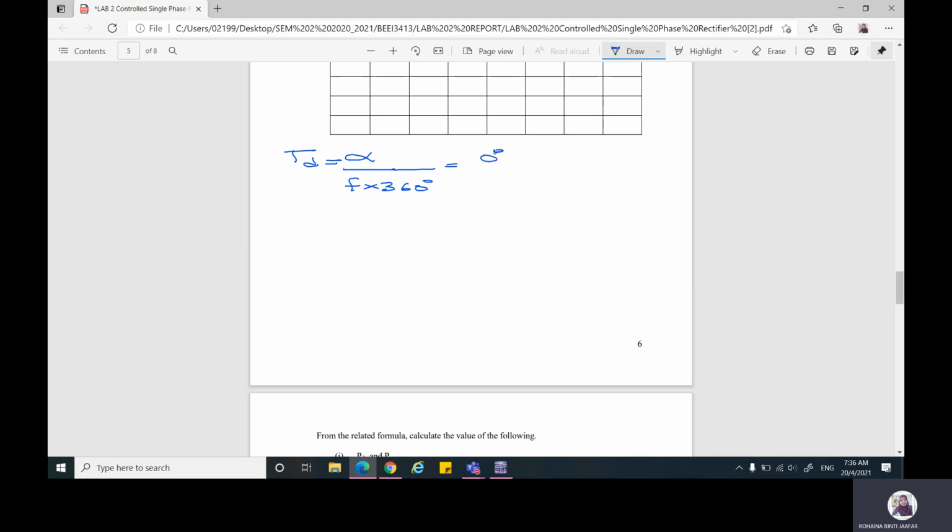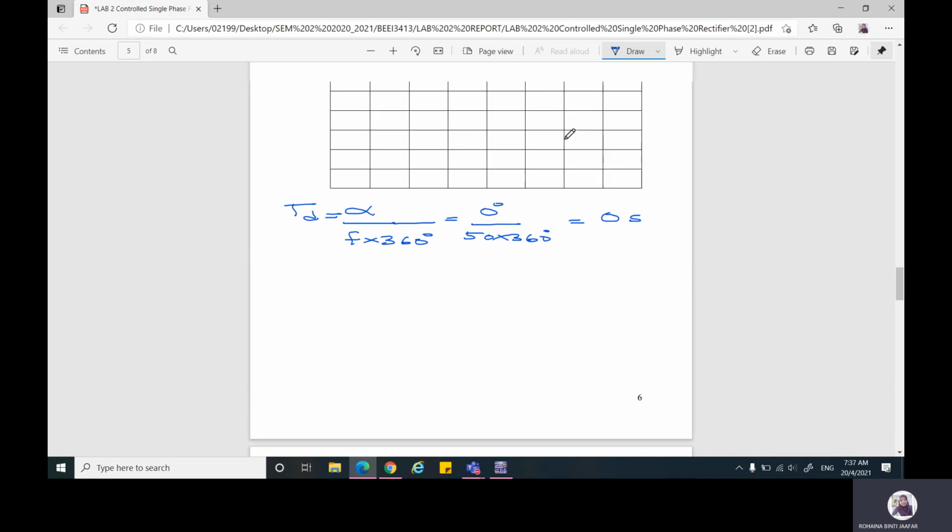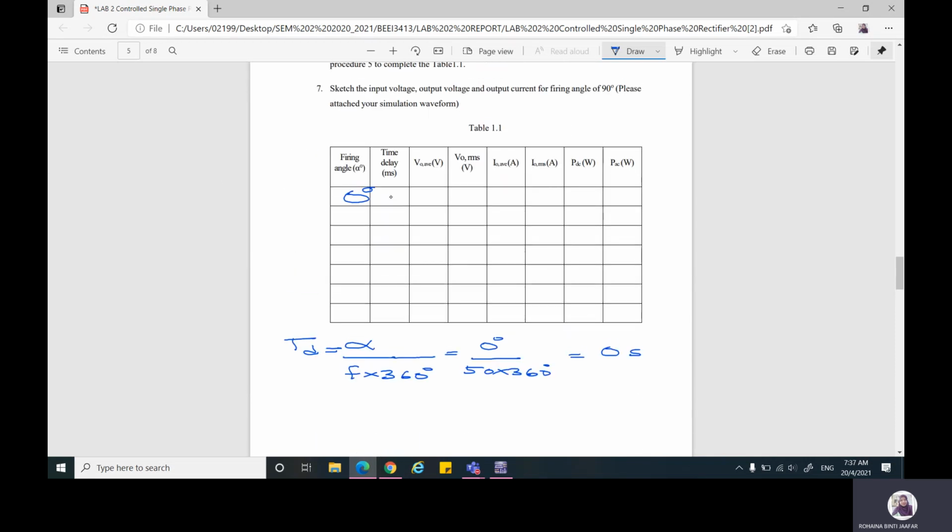So 0 degree over 50 Hertz times 360 degree. So 0 divided by anything, it will be 0 second. So this is the value of your time delay for firing angle with 0 degree. So your time delay here will be 0 second.